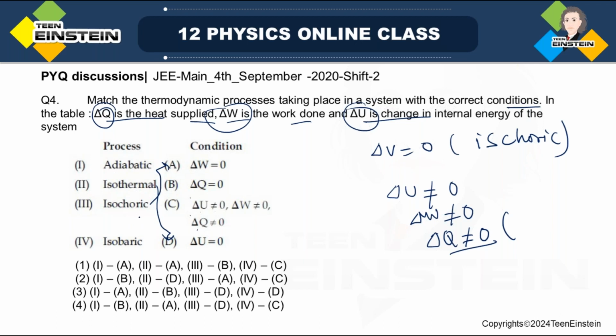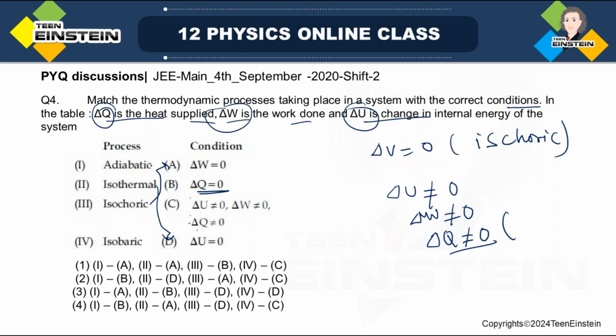See, in case of adiabatic process, delta Q is not equal to 0 because there will be heat exchange. I'm sorry, there will be no heat exchange. This is not for this. Delta Q is 0, that means there is no heat exchange happening.